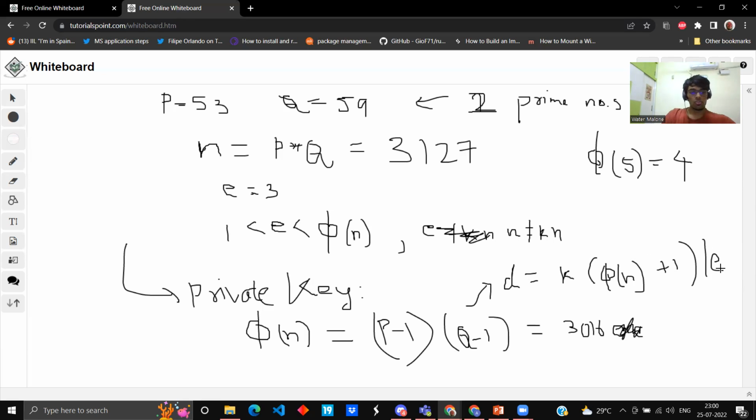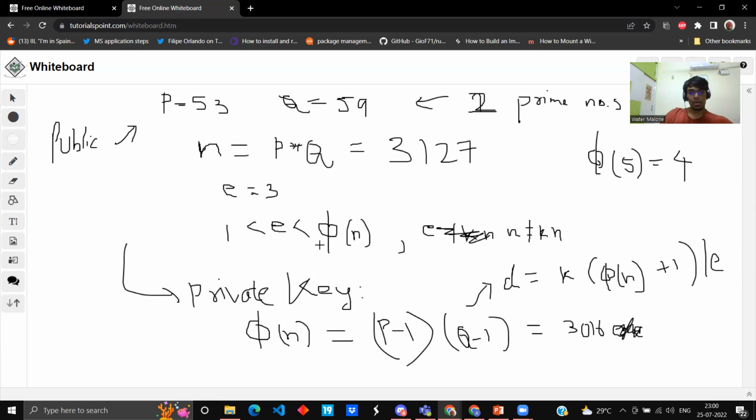So now we have our public key that we've generated here. I'll just mark this here. I wish this was easier, but I'm using a mouse. This public key consists of n, the value that we have calculated here, and e, which is 3.